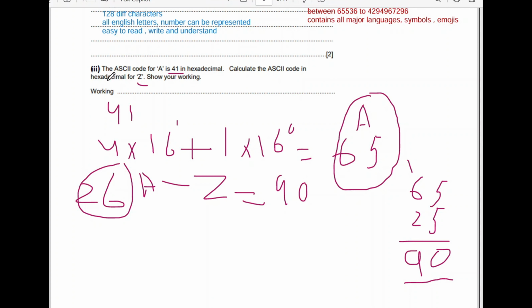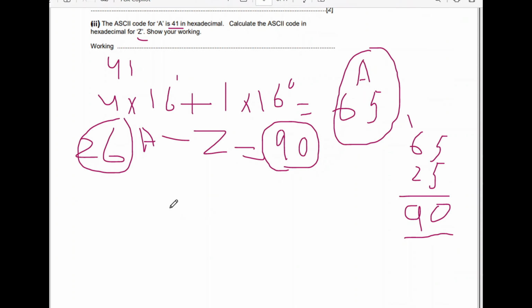But what I have to do, I have to find out the hexadecimal value, not the decimal value. So first I found out the decimal value, that is equivalent to 90. So now I can apply my knowledge of converting the decimal number into a hexadecimal number. How do we convert a decimal number into hexa?